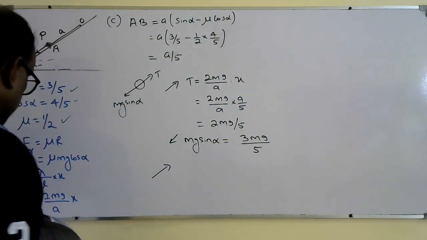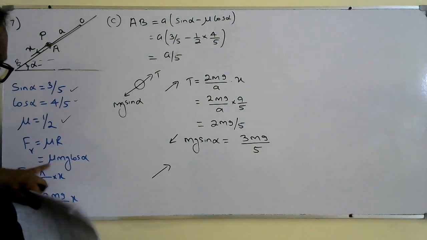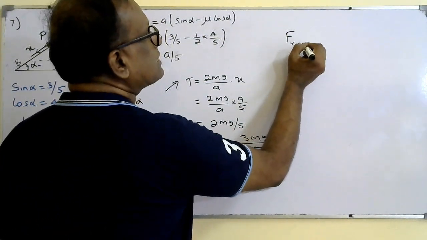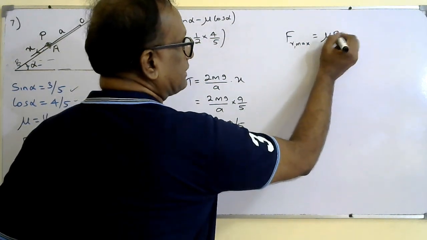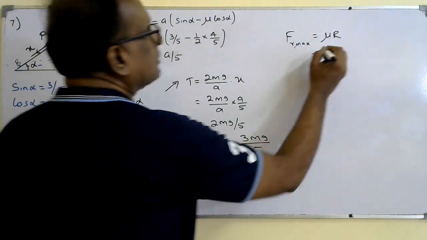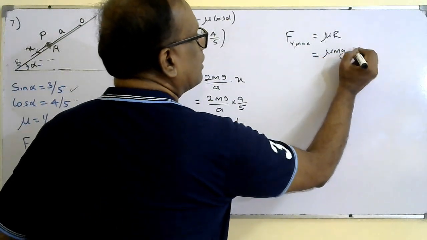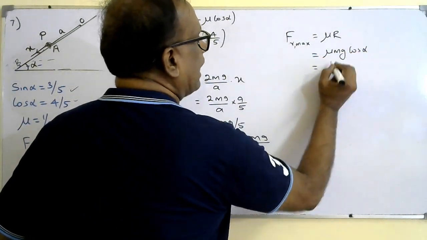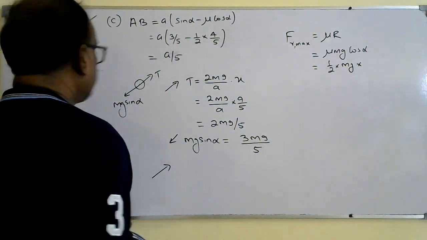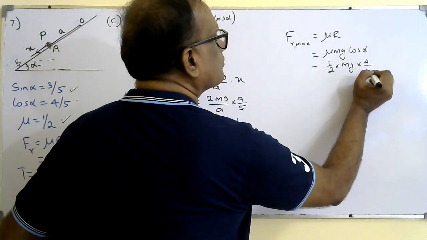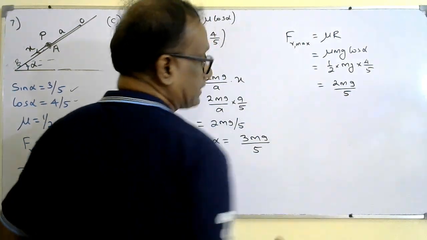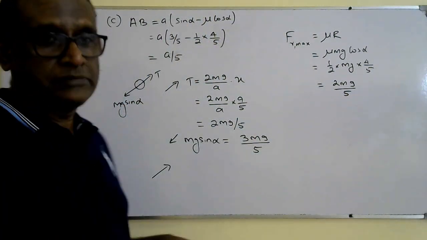We know the maximum friction, the limiting friction, Fr max is mu R, that is mu mg cos alpha, half into mg into cos alpha 4 by 5. So that is going to be 2 mg over 5. That's the maximum friction, but any friction lower than 2 mg by 5 can act.